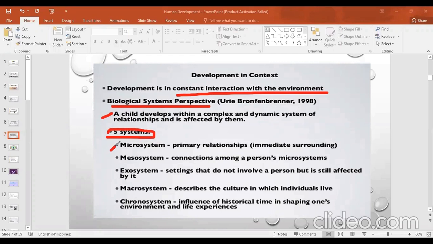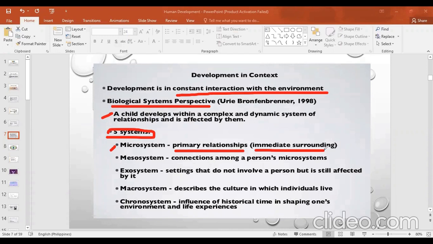First, we have microsystem. It is the primary relationships or the immediate surrounding. So kapag sinabi nating microsystem, ito yung tinatawag nating most influential, most closest relationship to the person.